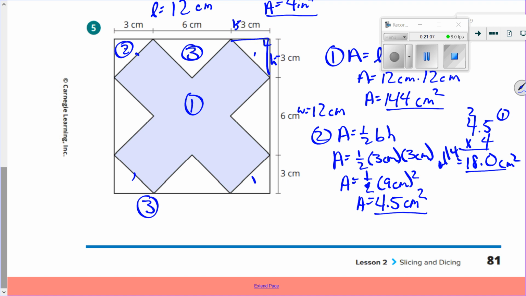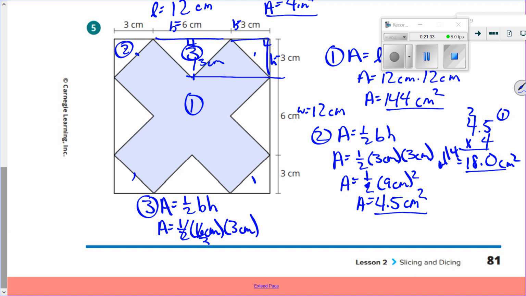Our last one, number 3. This is also a triangle. 1/2 the base times the height's our base formula. On this one, it's a little different. So I have a base of 6 because it's this part. My height is still 3 because it looks to be basically the same as the other one. So I now know my area is 1/2 times my base of 6 times my height of 3.